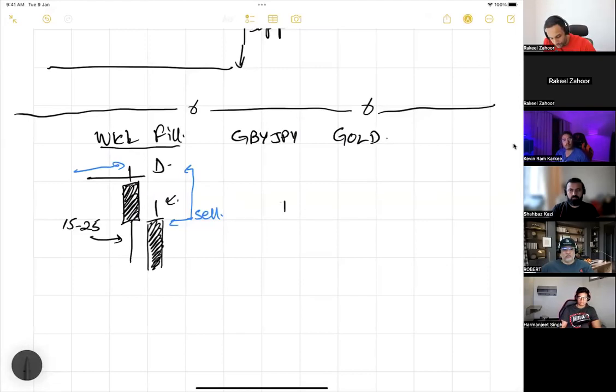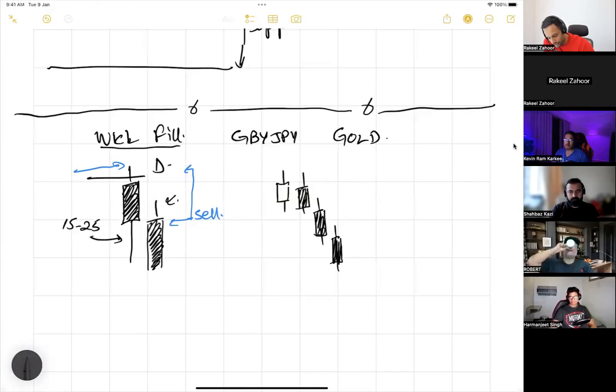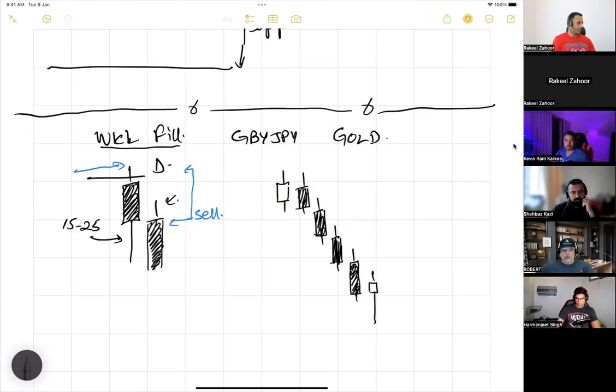Let's say you got the first 4-hour candle that goes up, and then you have the second 4-hour candle. We're moving down. We have the third one, and then you have 4 like this, and then you have 5, and then after 5 you have maybe a bullish candle that closes like this.